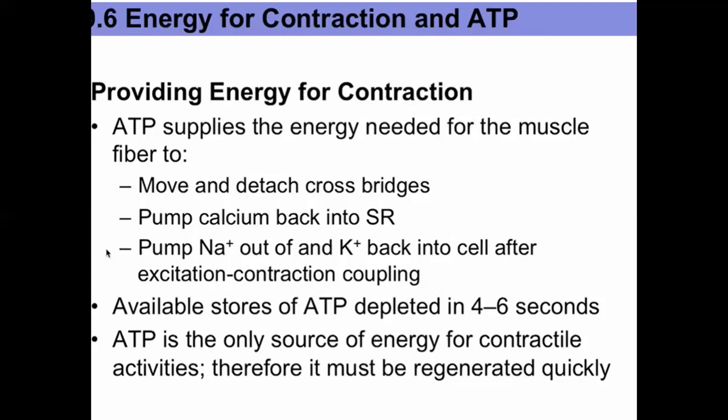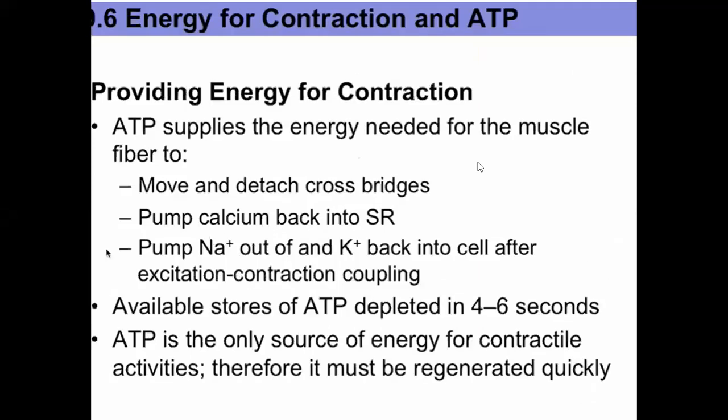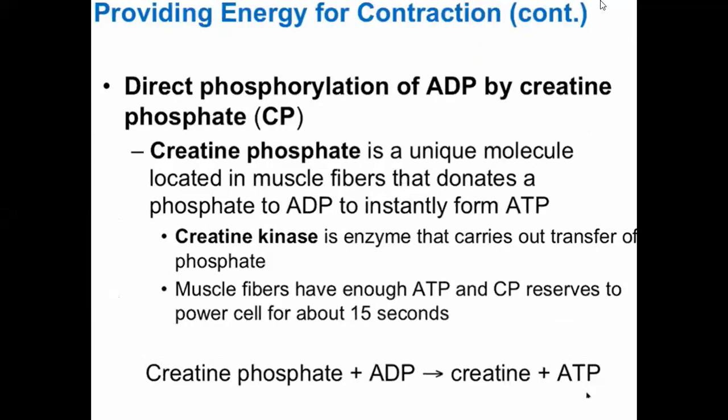Now, if you can deplete so fast and you are doing muscular activity, where are you getting this ATP from? It means that you have to keep on generating ATP, and we usually have several sources.